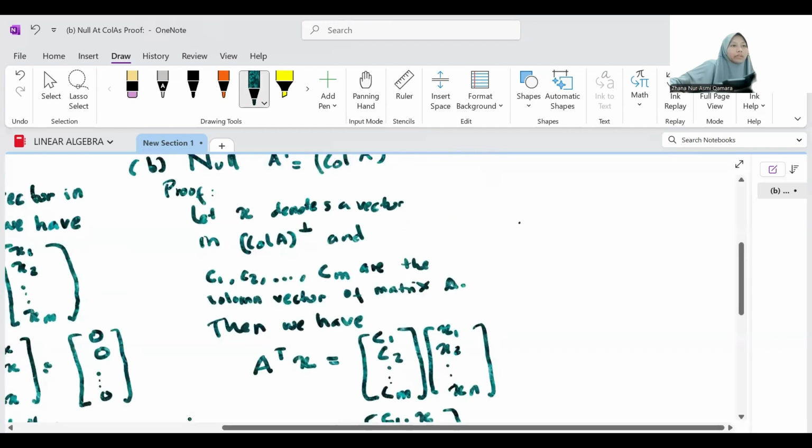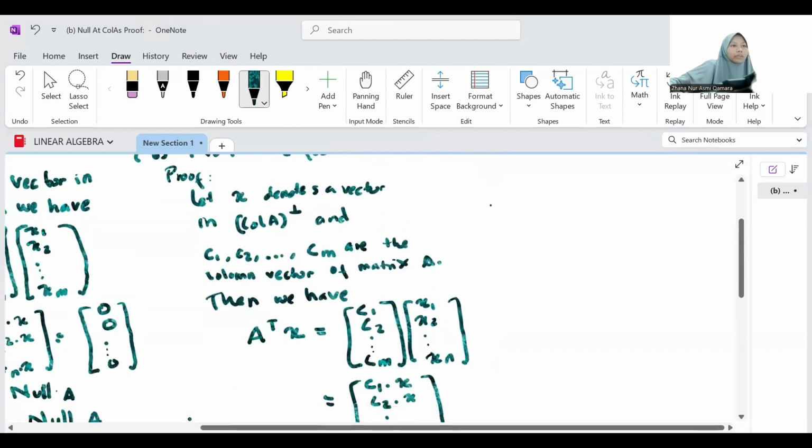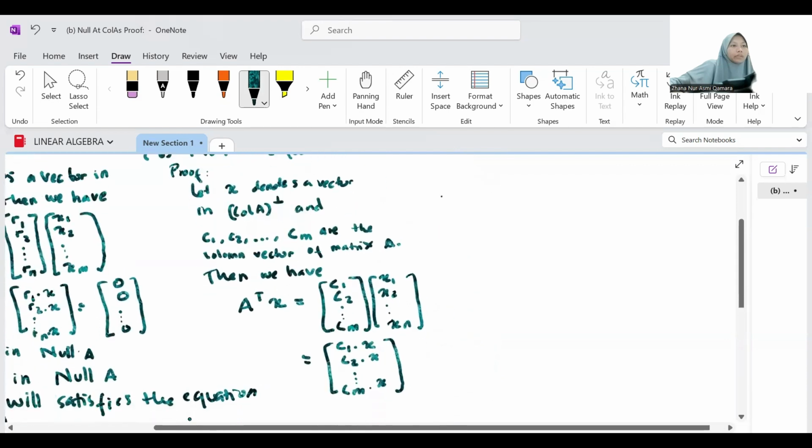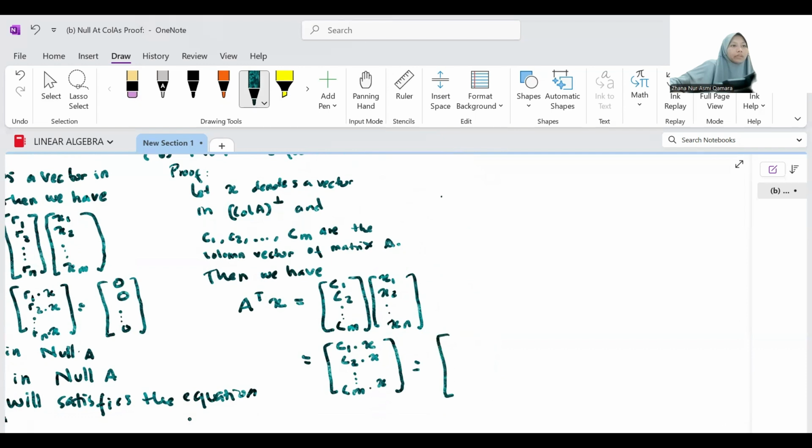And because x is a vector in the orthogonal complement to the column space of A, that means x is orthogonal to each of the column vectors of A. So the inner product C1 dot x will be 0, C2 dot x will be 0, and so on until Cm dot x will be 0.